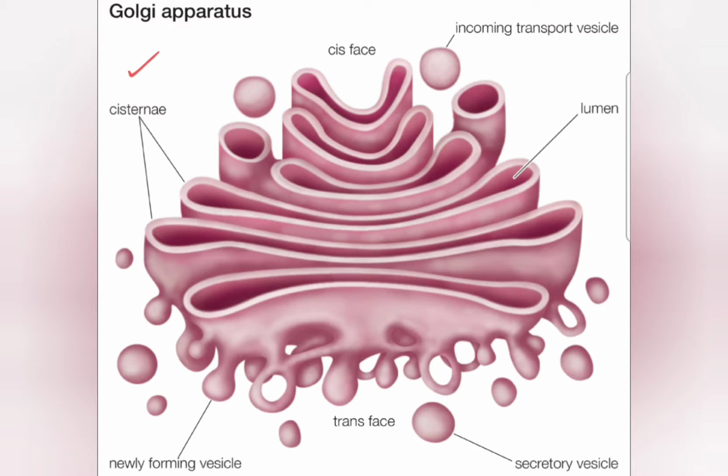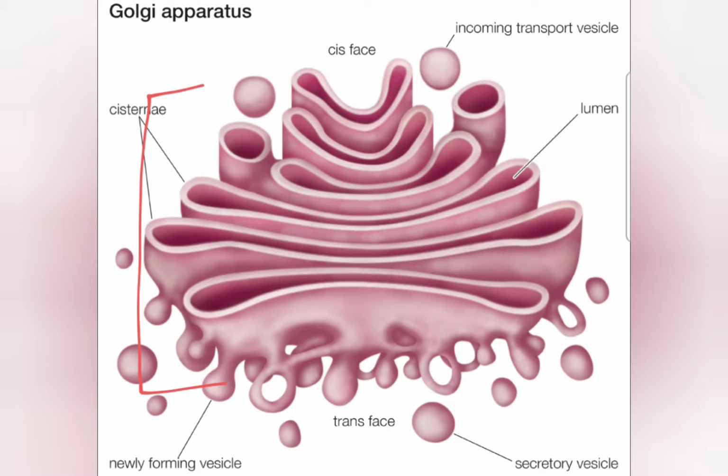As you can see, they are very much flattened. Each cisternae has a single membrane bound covering and they are piled one upon the other to form a stack. As you can see, this one forms one stack.